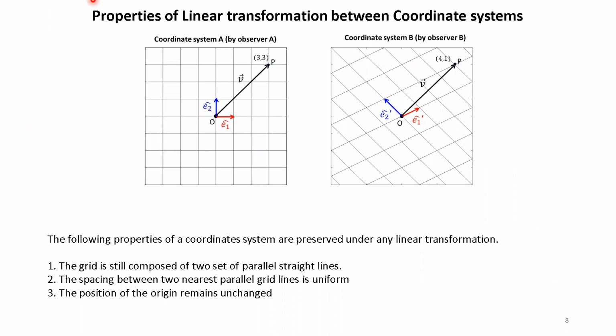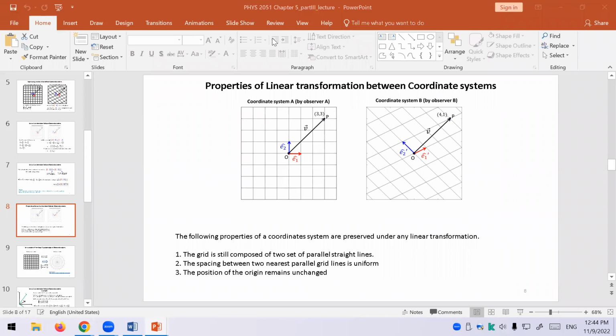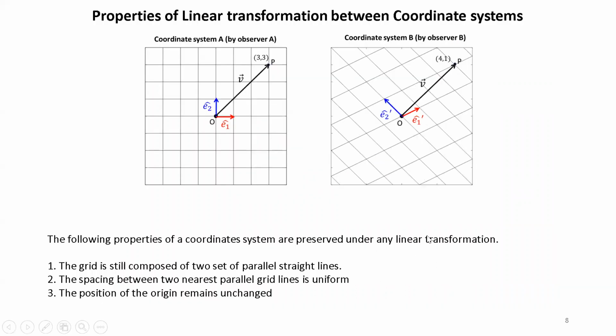In particular, we will be focusing on the linear transformation. The linear transformation has the following property. If you have an original coordinate system, it has two sets of grid lines.